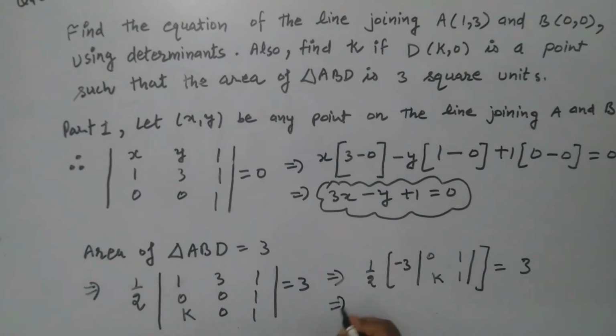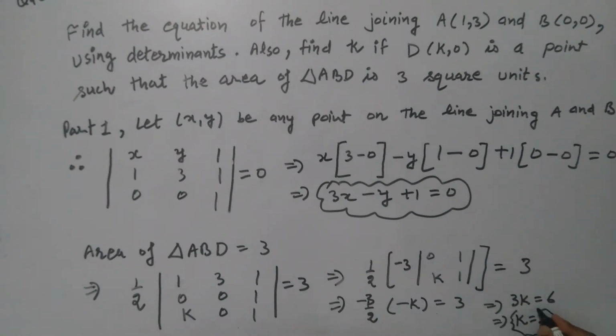This means 1 by 2 into minus 3 into (0 into 1 minus k) is equal to 3. So this means 3k is equal to 6, that is, k is equal to 2 is the required value.